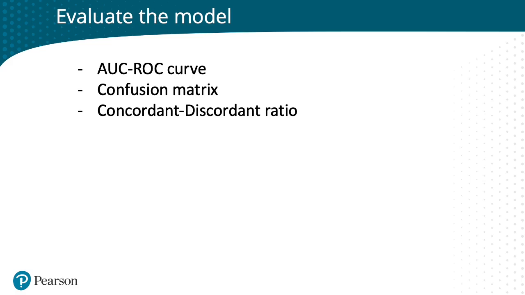So if these customers are supposed to be classified based on their purchase amount, they would be concordant. And if they were supposed to be classified based on their location, they would be discordant. So that gives us a general idea of how our data relates to each other and how well the model is able to make those relationships. So these are some of those metrics you might look at as you're evaluating your models.